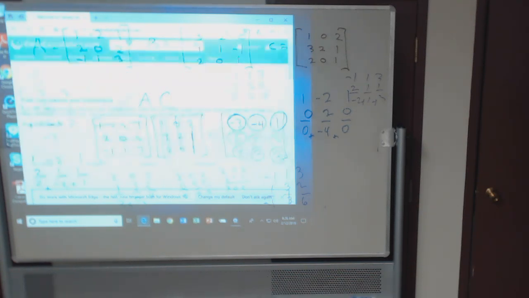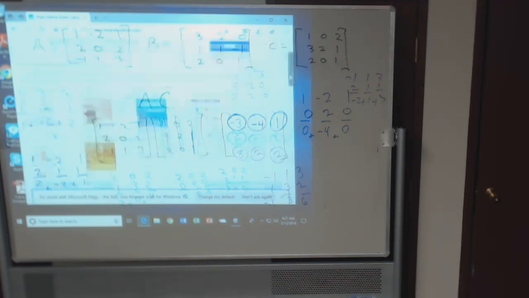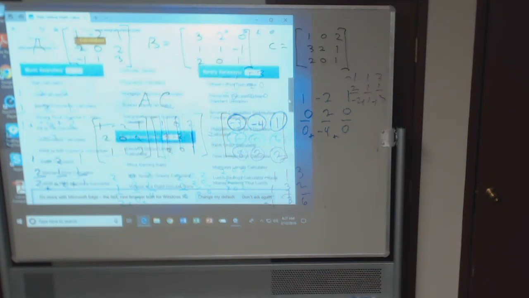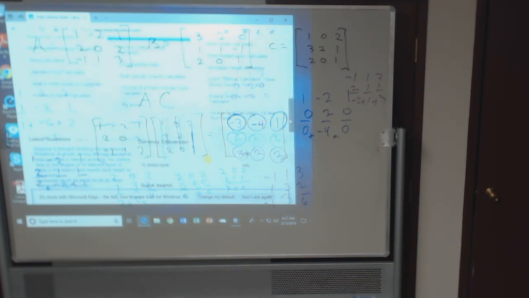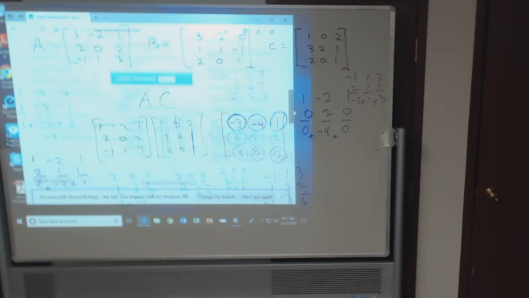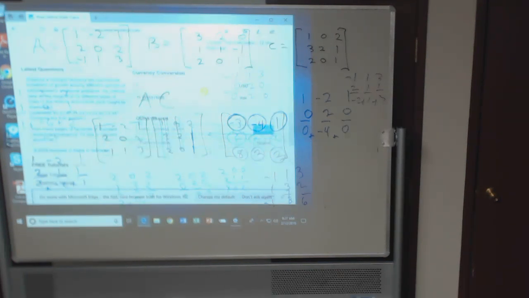I'm gonna put a star next to it. Most searched for. Quick search. Here's what I'm looking for.